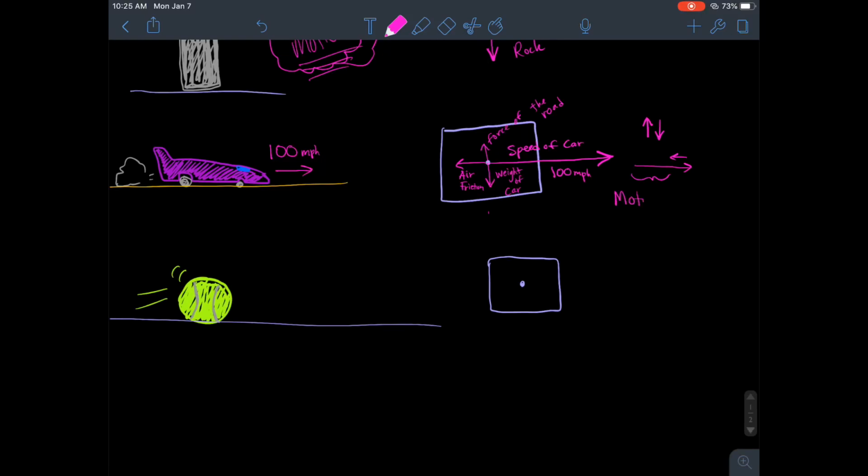So let's say motion to the right. Okay, so now we have motion happening, and this is because this one arrow has some extra force that's left over that causes it to have motion in the right direction, to the right side of the screen.